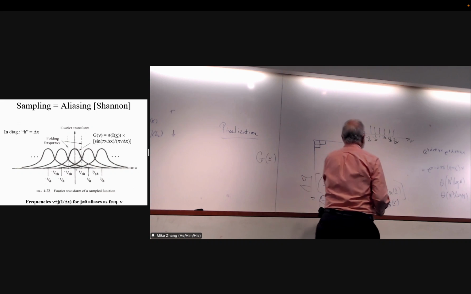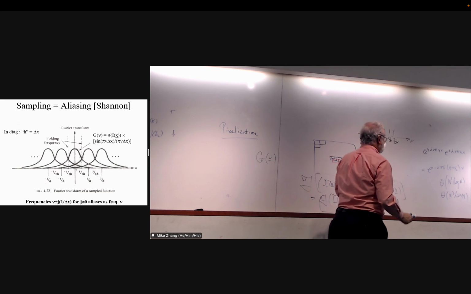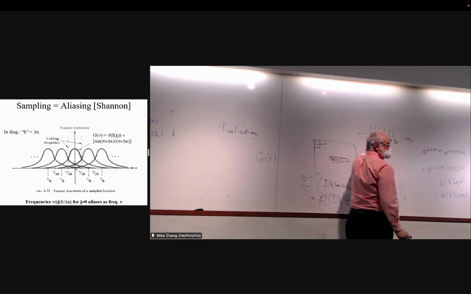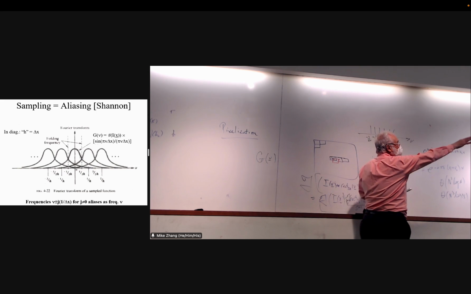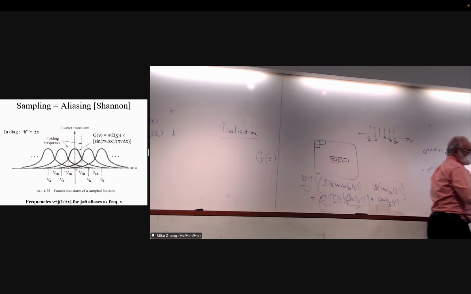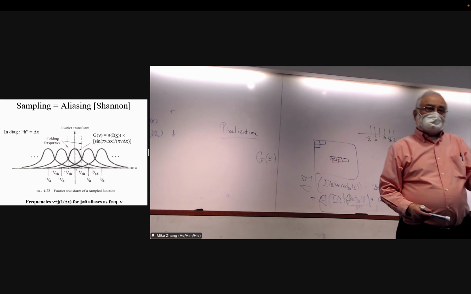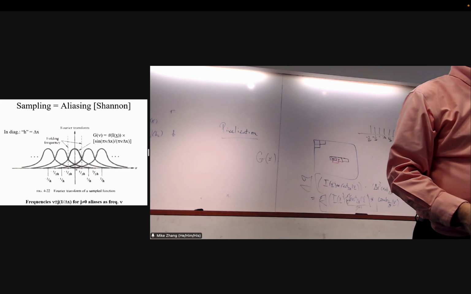So if G looks like that picture, that's my example of G. It may have negative parts, and in fact, the Fourier transform of something may be complex.